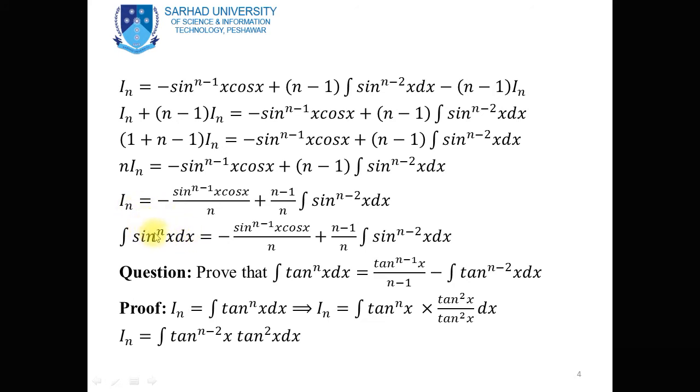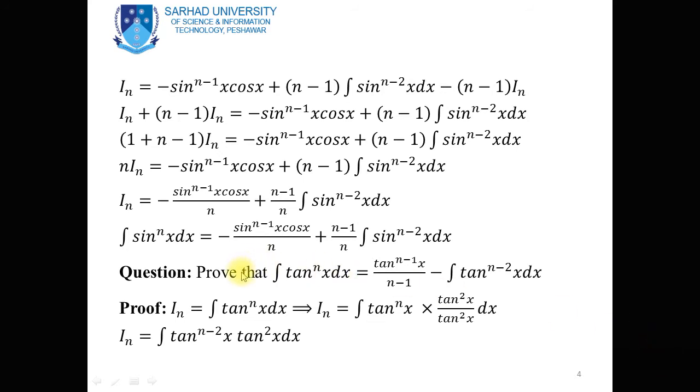So the integration of sin x power n with respect to x is equal to minus sin x power n minus 1 into cos x divided by n plus n minus 1 over n times the integration of sin x power n minus 2 with respect to x.